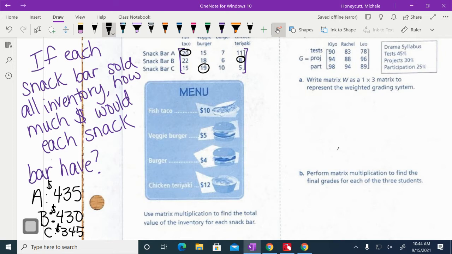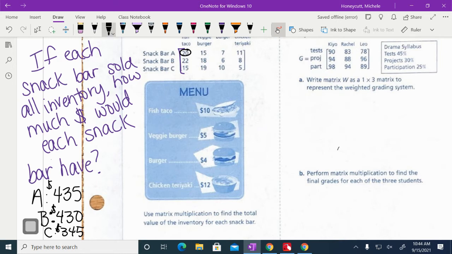To get these numbers, what did you have to do? You multiplied. Let's take the number 20. What did you multiply 20 by? 10.